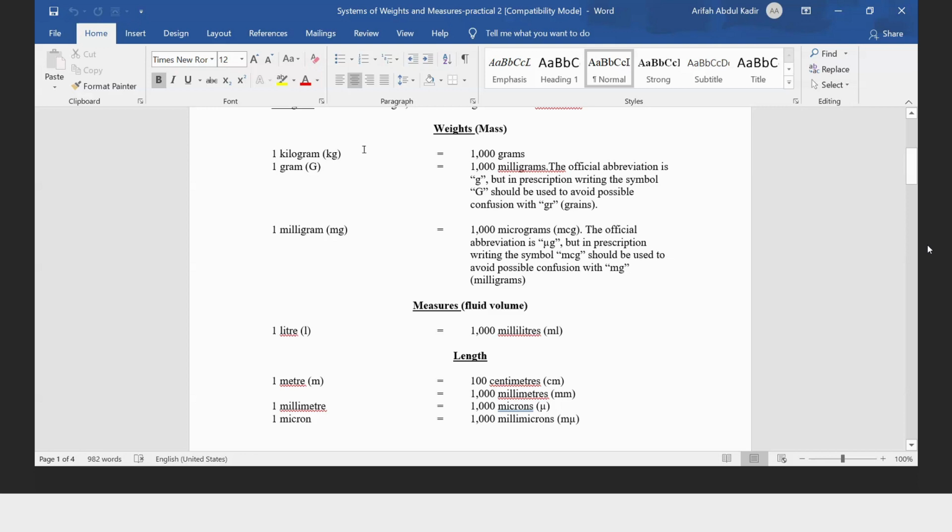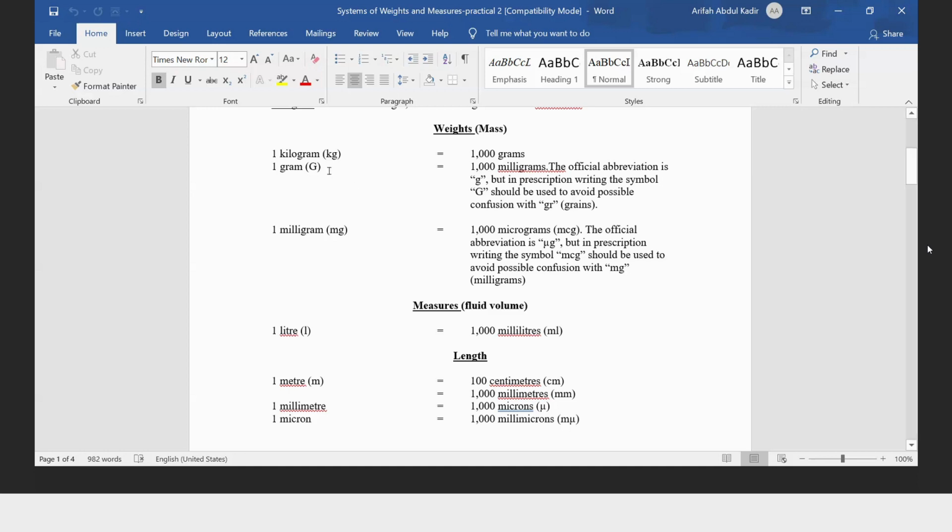And sometimes overseas, especially in Europe, in the UK and so on, they don't use kilogram. They will use pounds. So therefore, we must know the equivalent of kilogram to pounds.